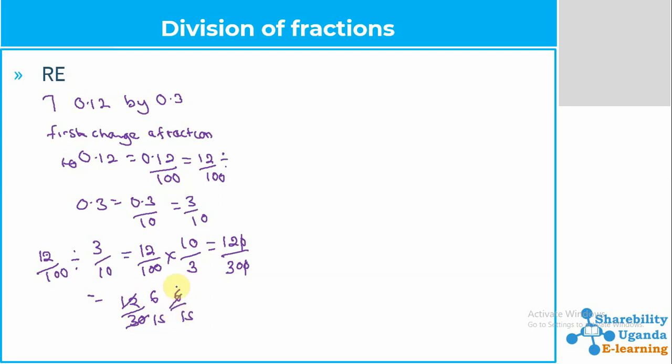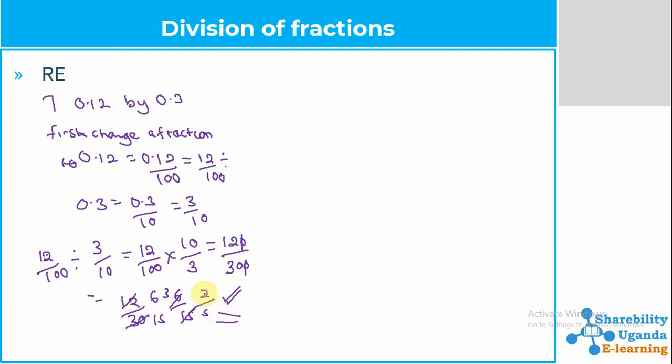We can still reduce this by 3. Okay, we can still reduce it by 3. Here we have 2, by 3, 5. Okay, so we have 2 out of 5 as our number.